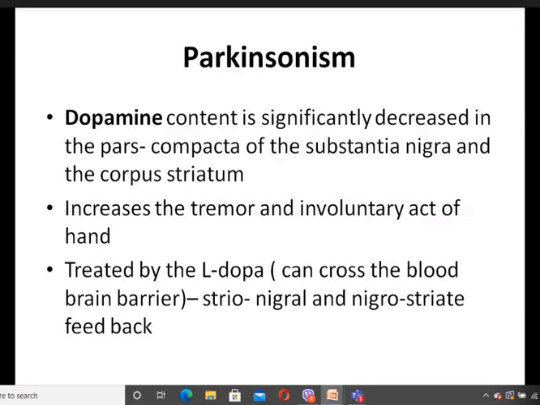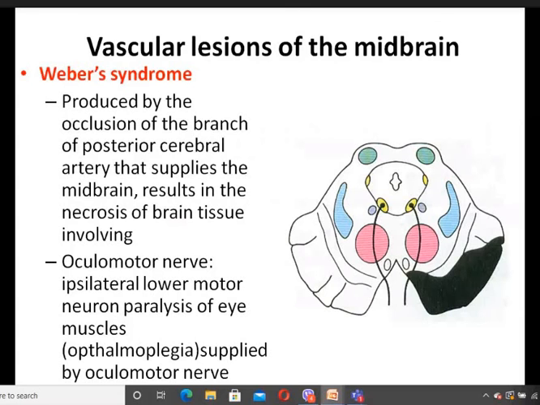That condition is treated by L-DOPA, because the dopamine precursor L-DOPA can cross the blood-brain barrier, and it can enhance the striatonigral and the nigrostriatal feedback, and the tremor will be corrected. So Parkinsonism is the applied aspect of the substantia nigra.